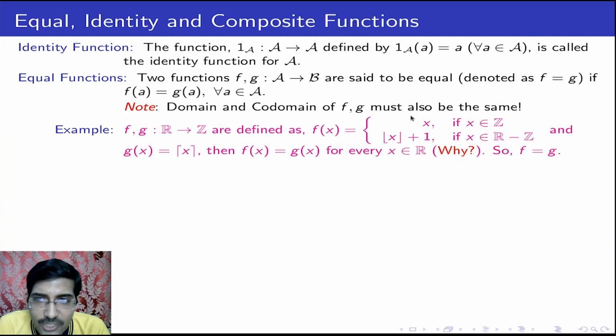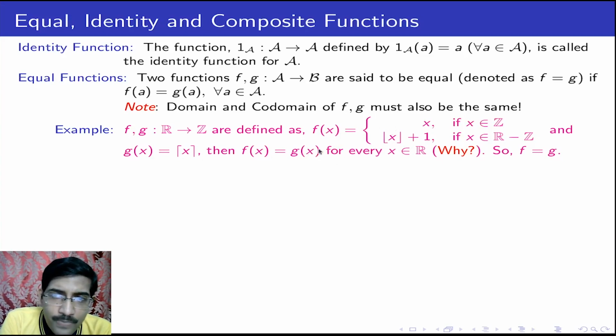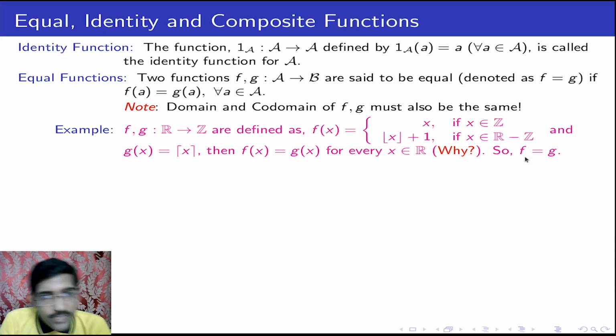You can easily see that if the number is real, not an integer, then we take the nearest lowest integer and add 1 to it. That means we are just capping it above. If it is an integer, we keep it as it is. So it is just like having a floor written in a different way. So these two functions are equal. If you try to justify for all a, you will get the same answer for every x belonging to R. So we call these two functions equal functions.